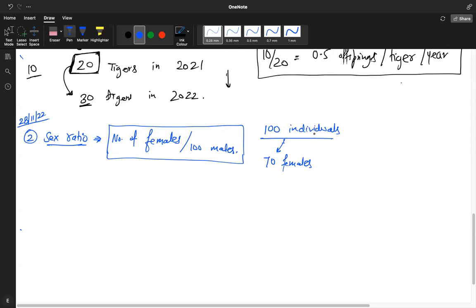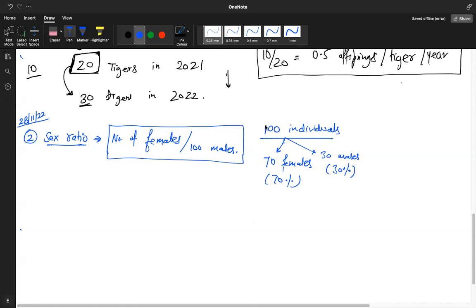Here you can put the total number as 100 individuals, then you know that it is 70% females, so the rest, 30%, is males, right? So a very simplified way.